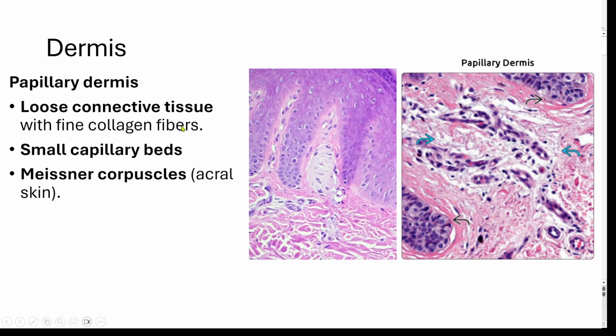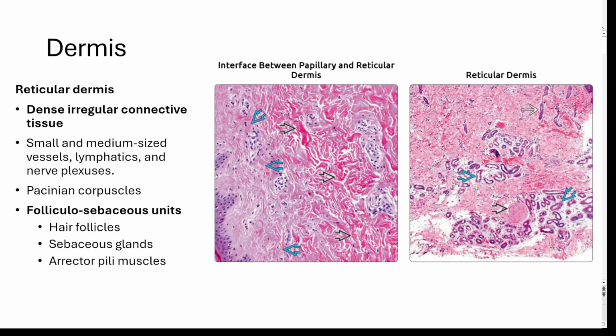Then we have the Meissner's corpuscles, which are specific to the acral skin, again, the soles of the feet and the palms of the hand. It is this structure that you can see here, and it is related to the light touch sensation. Then we have the reticular dermis, which is denser and much more eosinophilic, dark staining.